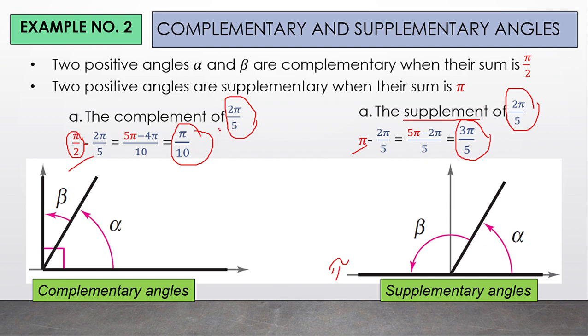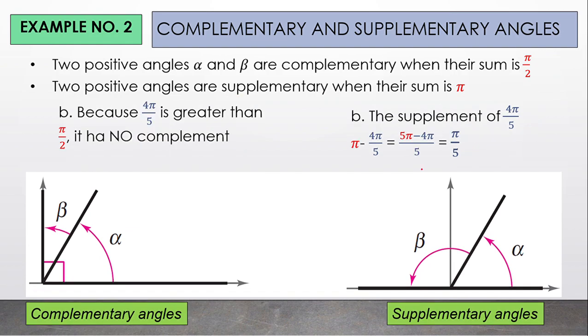So, sa kabila, kapag pinag-add mo yung dalawang yan, ang magiging sagot niya ay pi. Ayan. So, okay. So, proceed na tayo sa last example.